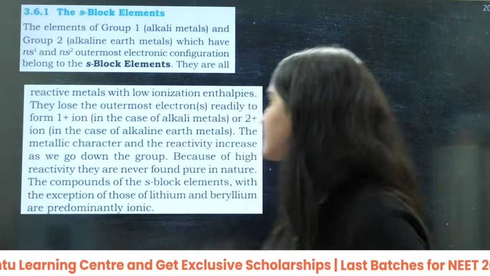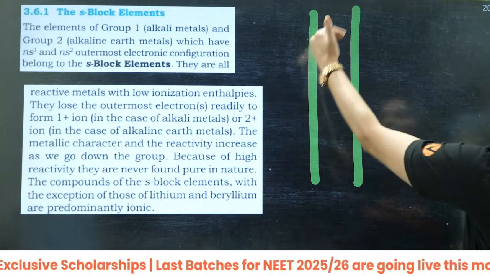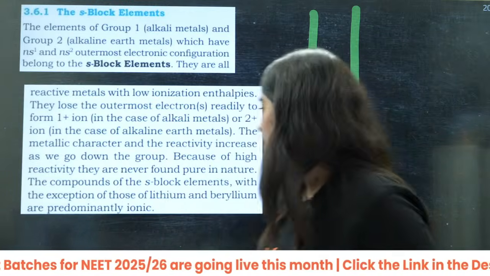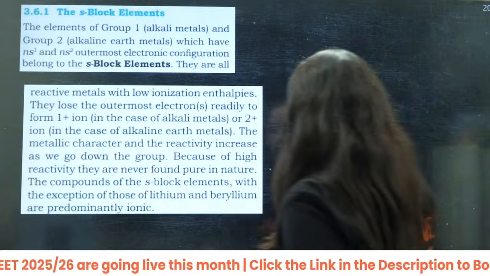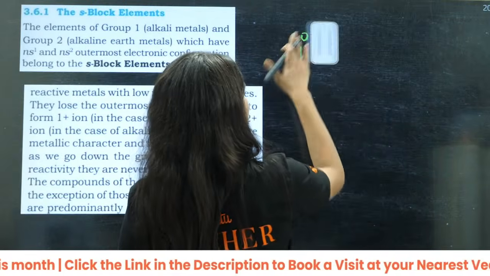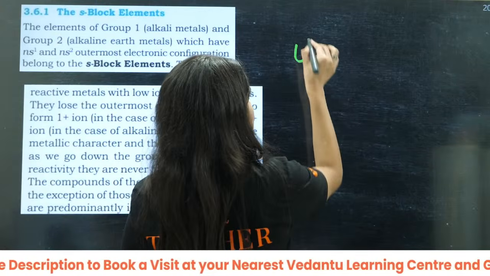This is group number 1, alkali metals, and this is group number 2, alkaline earth metals. For group 1 the mnemonic is "Leena ki Ruby se friendship," starting with lithium. I will also give you other mnemonics for that in the next class.